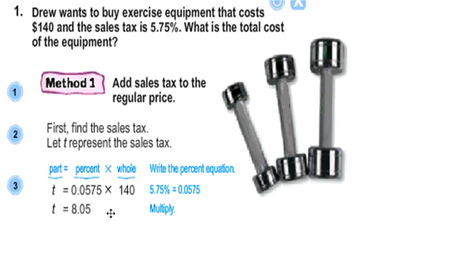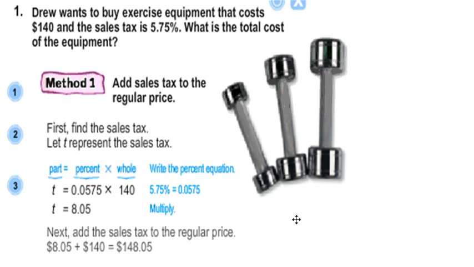So what's happening is on top of the $140 that you're spending, you also have to pay an additional $8.05 in tax. So now is the point when you add it all together. So $8.05 plus $140, that equals $148.05. That's if you find the tax first, then you add it at the end.